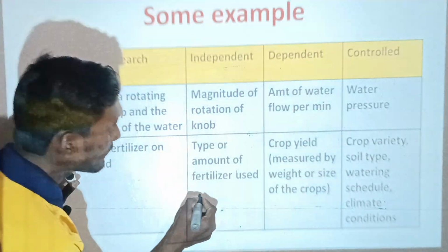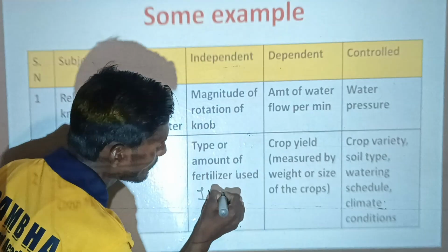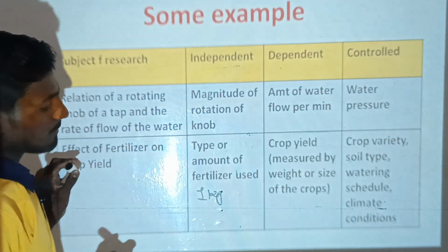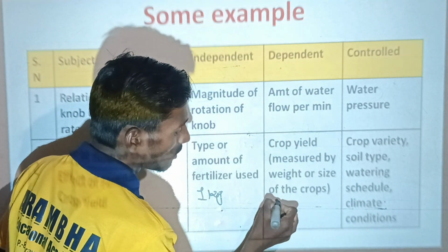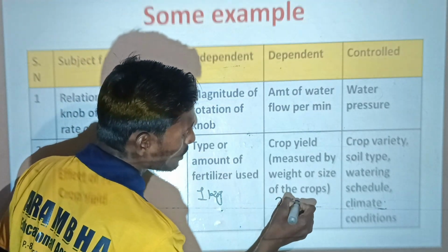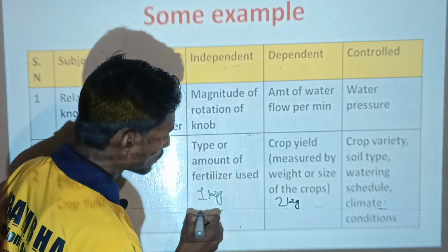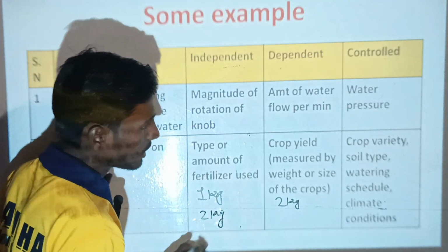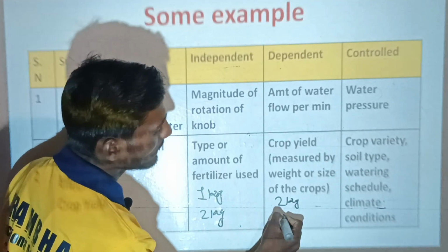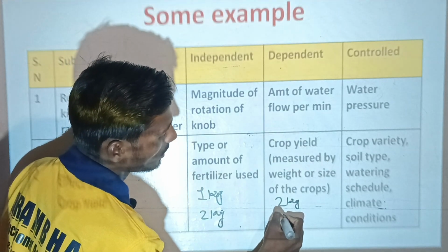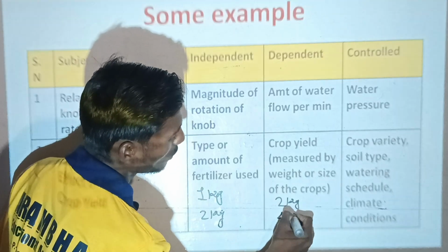Likewise, if you apply 1 kg of fertilizer in a field, our plants grow 2 kg of crops. But if you apply 2 kg of fertilizer, our crop production will be increased to 4 kg.